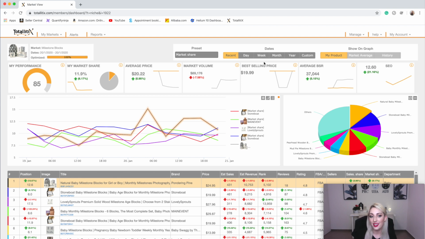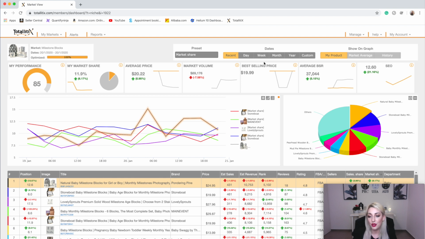Now, something that differentiates this software from others is that it gives you all of the competitors and tracks them for you. Or else in other software, in order to track them, you have to put in each ASIN yourself. And who says that you're actually tracking the right ASINs? Sometimes you'll understand that you aren't.